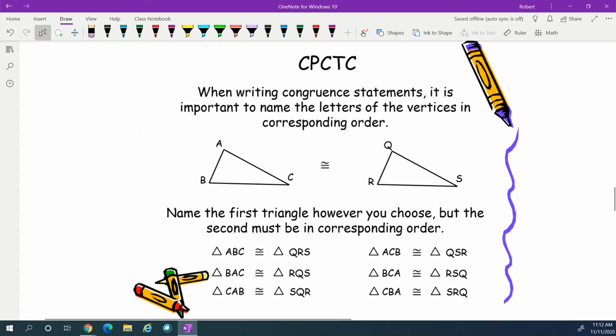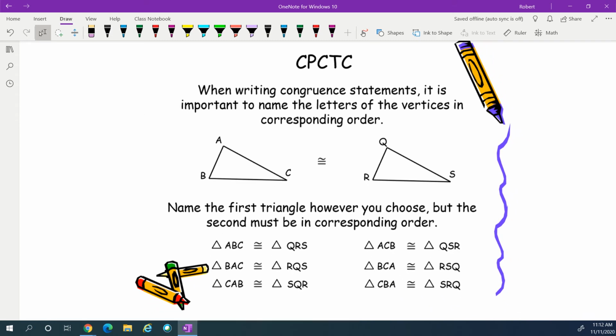In order for CPCTC to work, we have to know which parts match up. Remember, the corresponding parts of the congruent triangles. So we know the triangles are congruent. We have to know which are the corresponding parts. So look at our picture here.